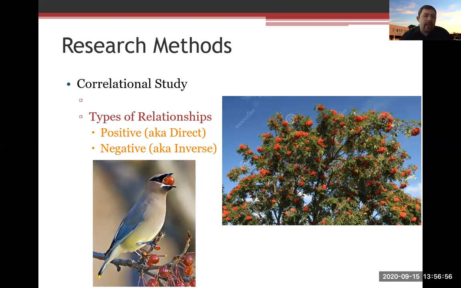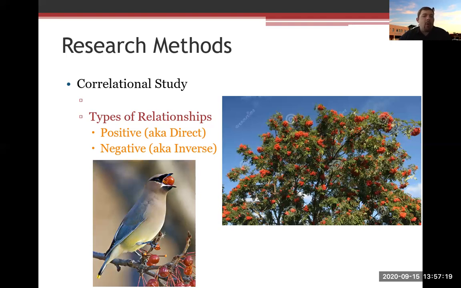As one example of how we can start to see these things work out, let's say we have this tree full of berries. It is blossoming and there are lots and lots of berries on this tree. But then we add a bird, and once we add the bird, there are probably fewer berries in that tree.